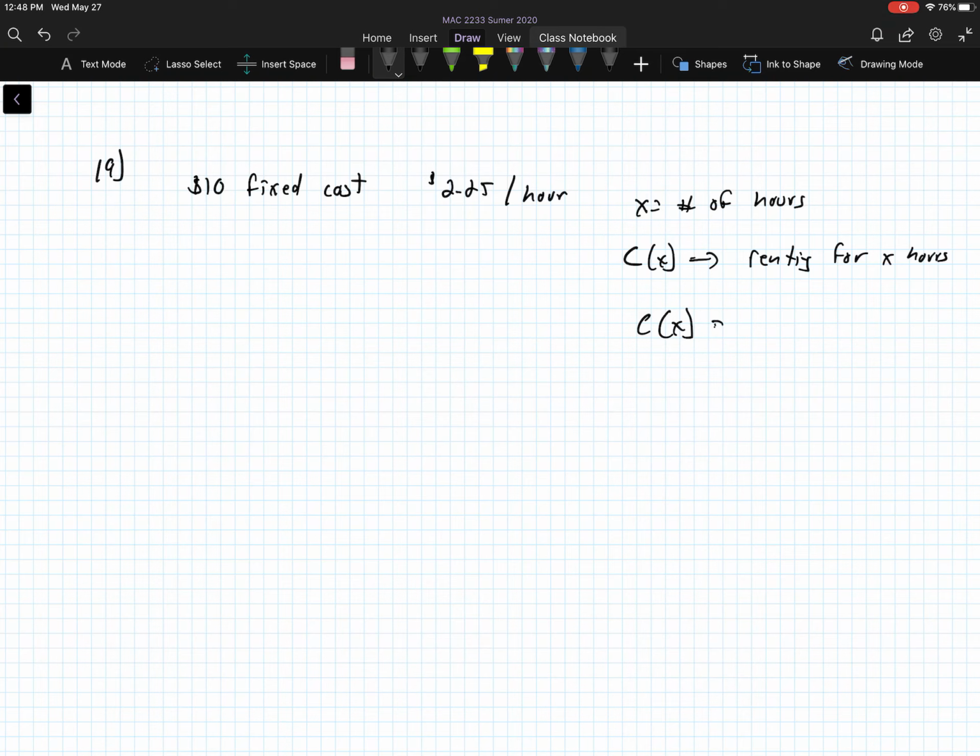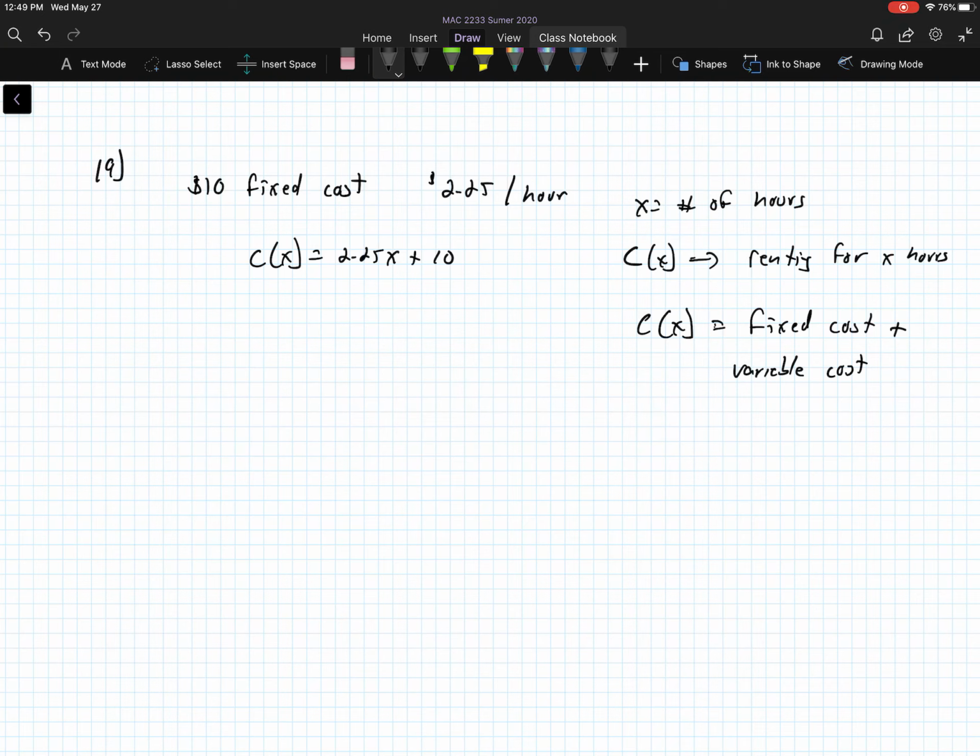Just know that the cost function is going to be equal to the fixed cost plus what we call the variable cost. And so in this case, C of x is going to be equal to 2.25x plus 10. The variable cost is the $2.25 per hour because we don't know how many hours we're going to rent it for. Now for the next few examples, I'll try to do the same thing.